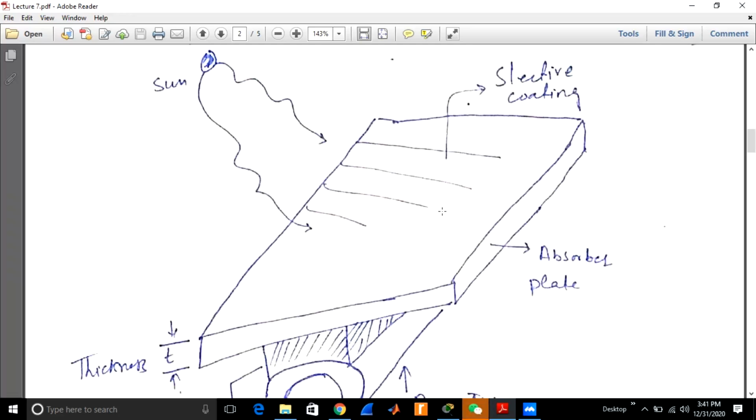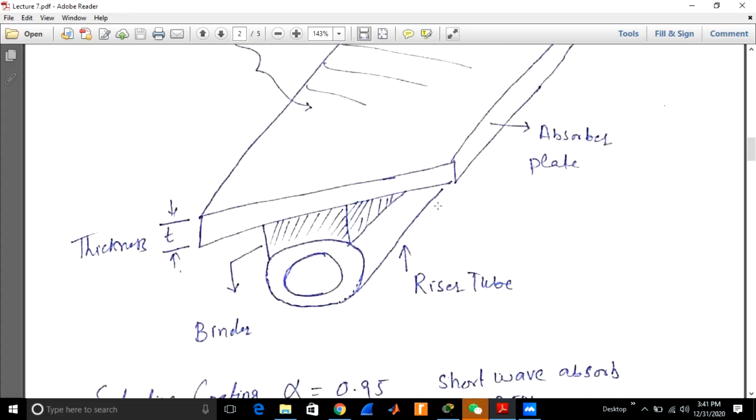The selective coat will absorb the energy, and the absorbability of the selective coat will be maximum, and its reflectivity will be very small.